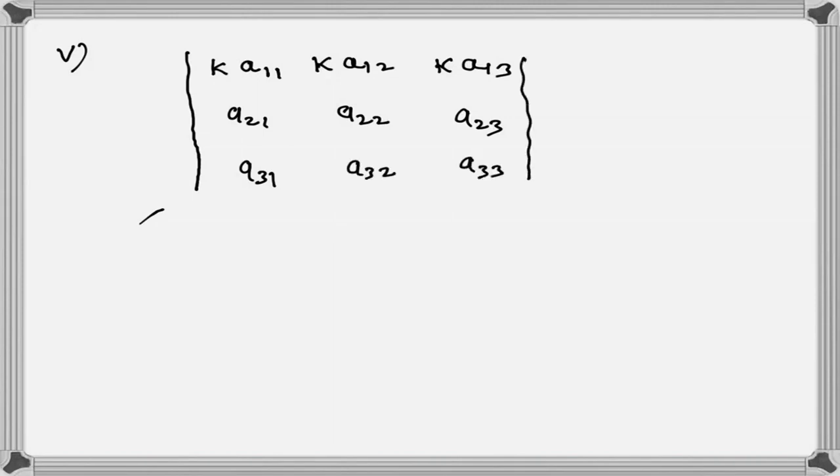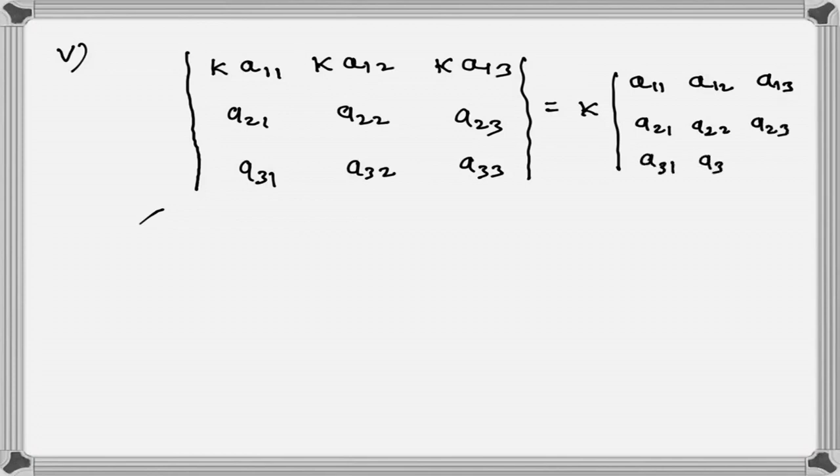This determinant can be written as k times the determinant of a11, a12, a13, a21, a22, a23, a31, a32, a33.